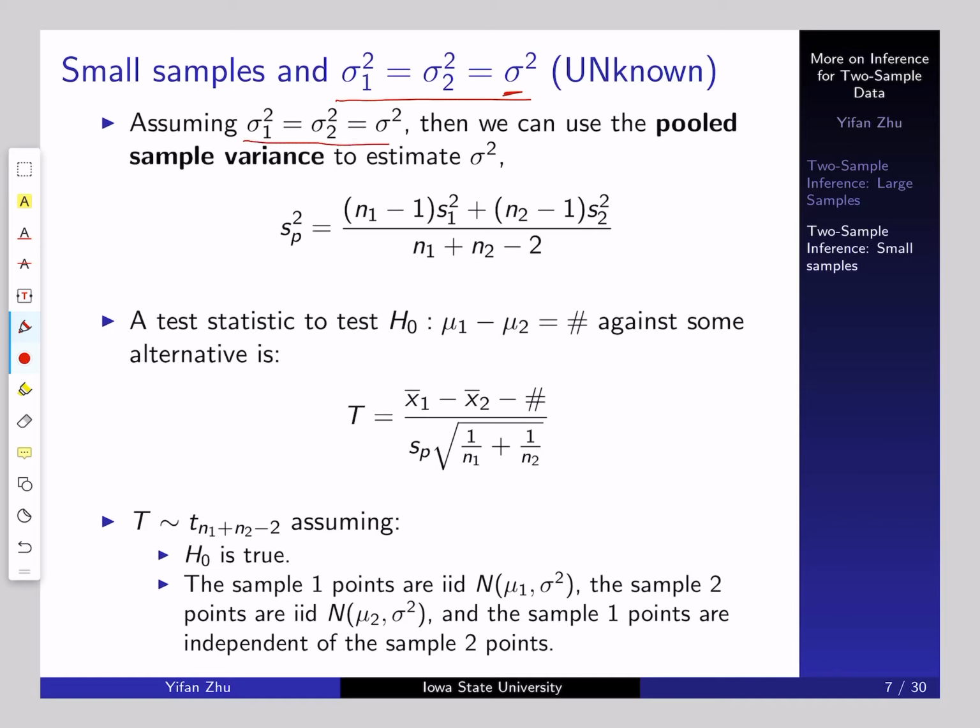Assuming they are the same, then we use SP squared, which is called the pooled sample variance, to estimate sigma squared. So we do not know the true sigma squared, so we need to use something to estimate it.